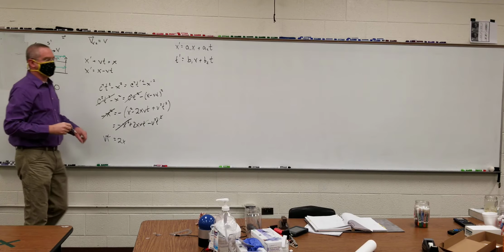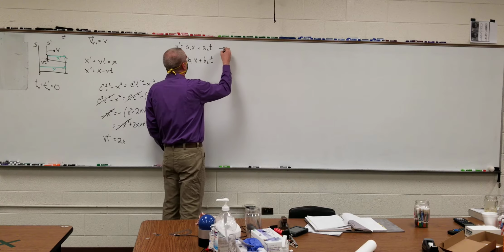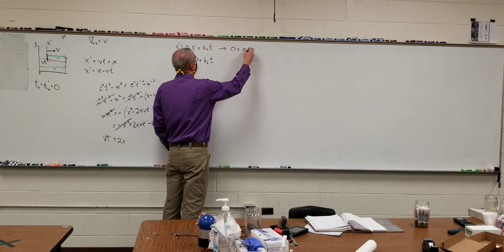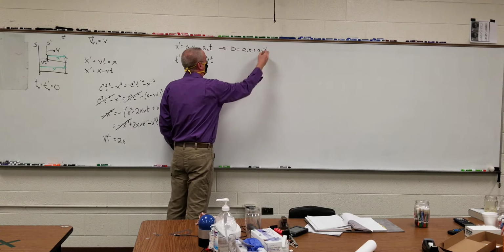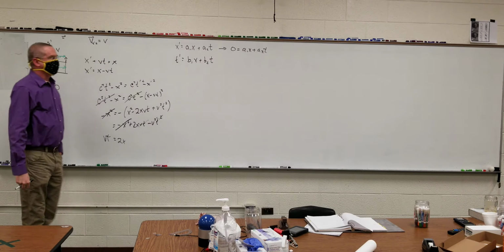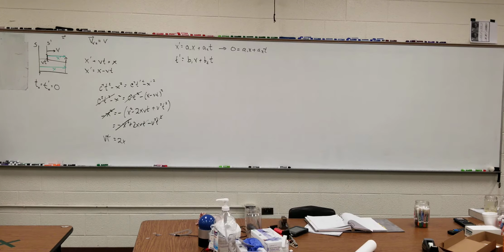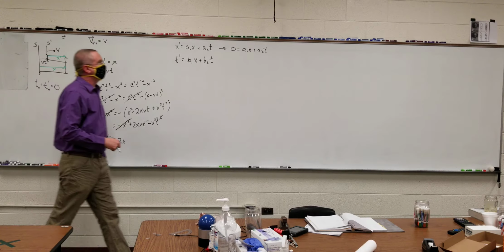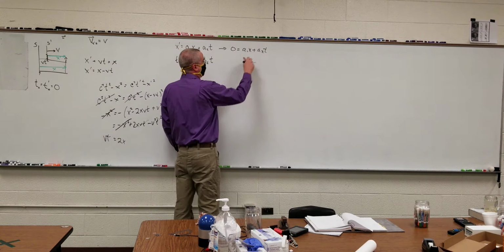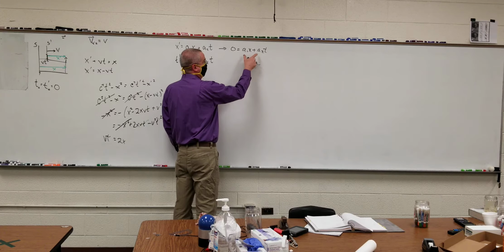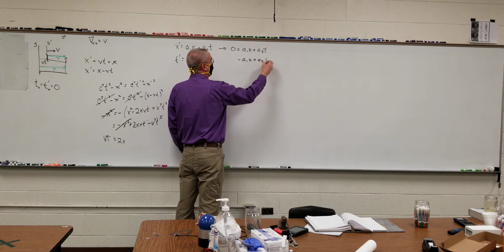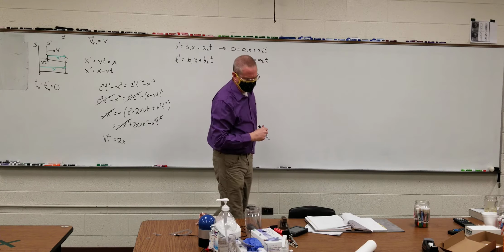When x prime is 0, at that particular instant, then 0 is equal to a1x plus a2t. If this relationship is always true, it should be true for any specific instance. So we can come up with a relationship here, at least between a1 and a2. So negative a1x is equal to a2t. And I want to get this in terms of x.